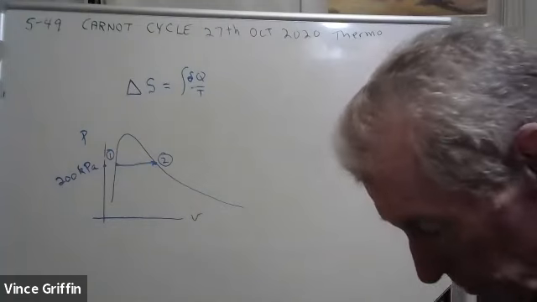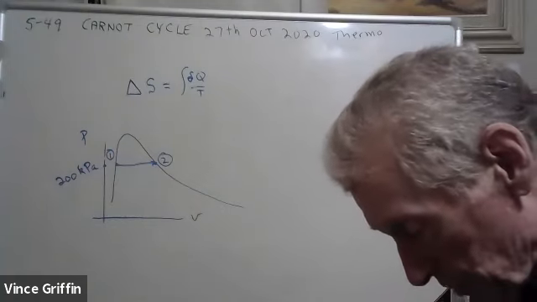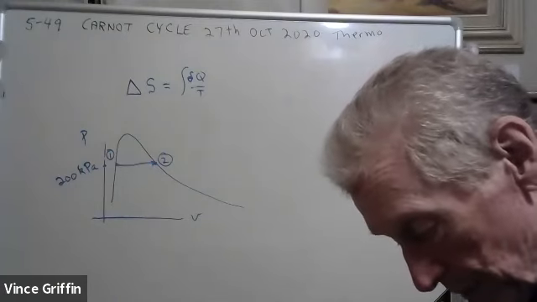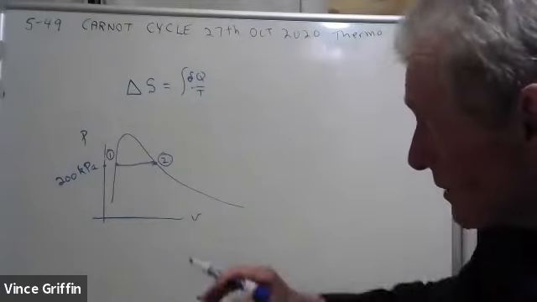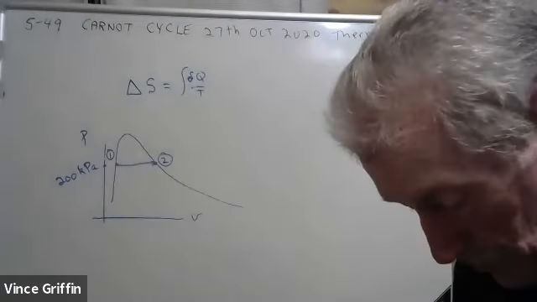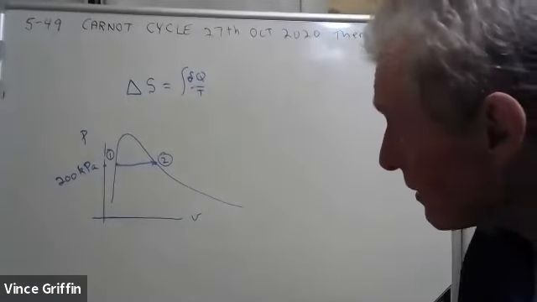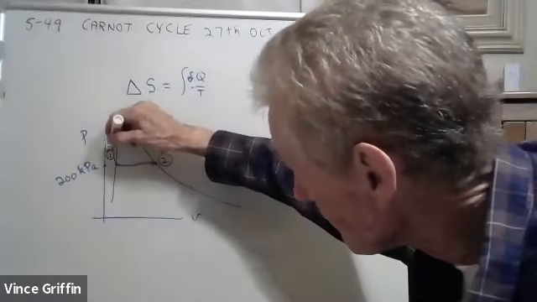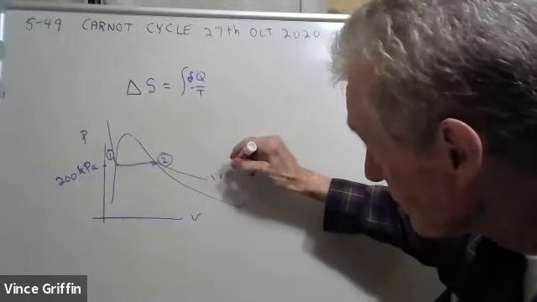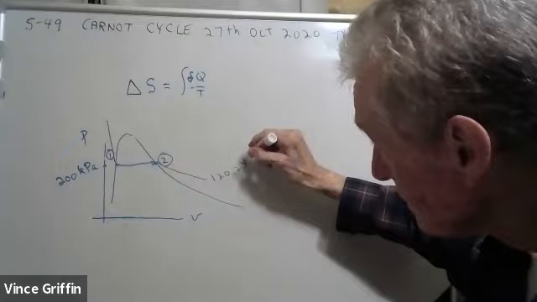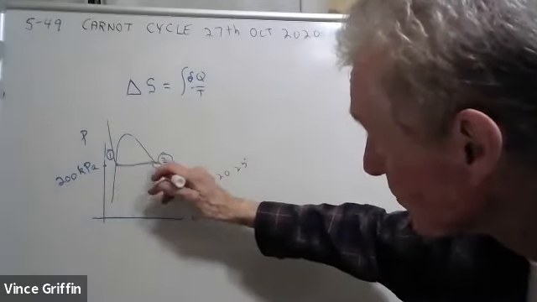And if you go to your tables for water, it says here 200 kilopascal. It says the temperature here is 120.23. So let me put that in there. 120.23. See if you can find that in the back in the tables.